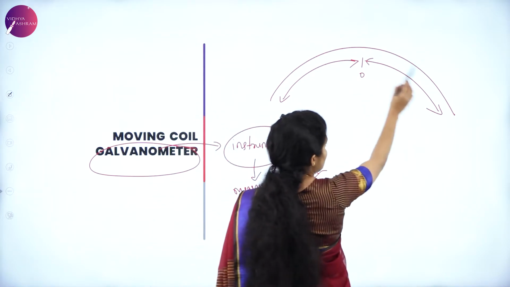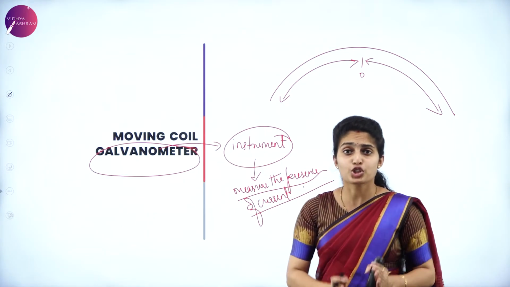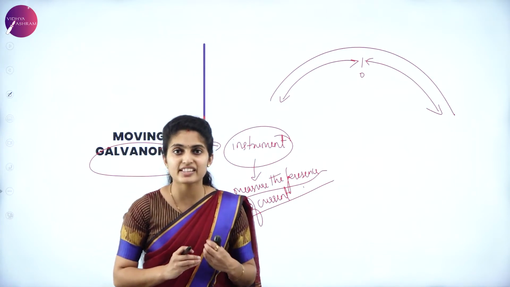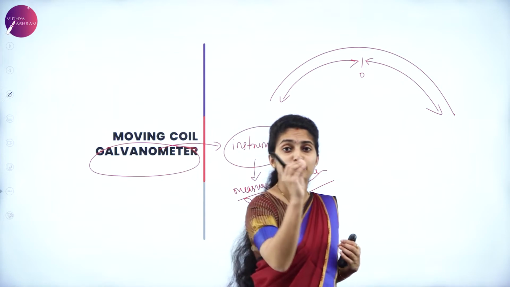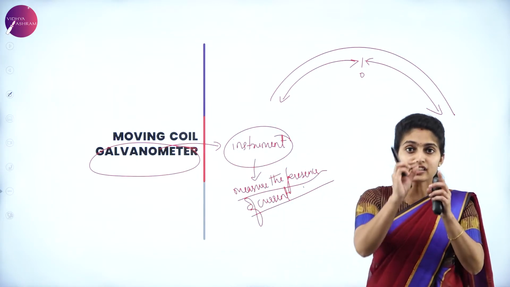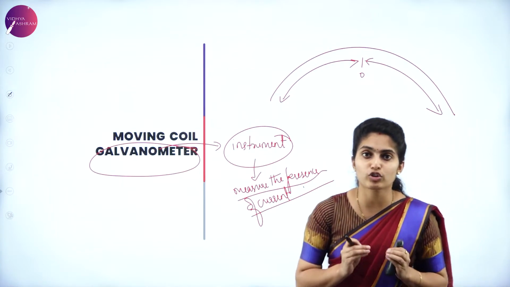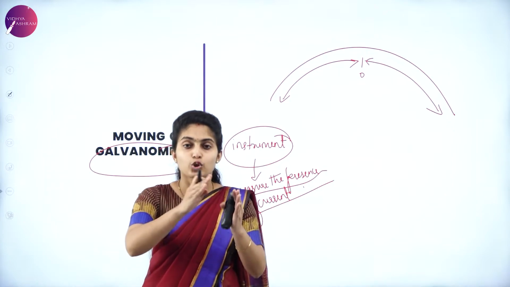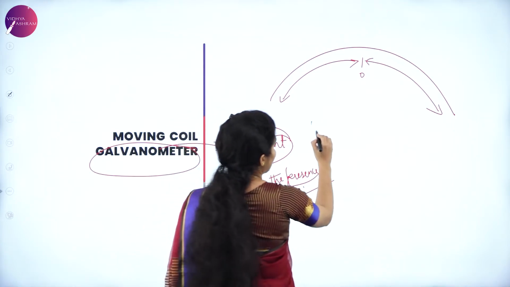If there are 30 divisions here, there are 30 divisions there. The deflection shows the presence of current, that is, how much current is present in the galvanometer, which you will do in the figure of merit of a galvanometer in your practical exams. That is, 1 degree of deflection gives a certain amount of current. It is shown by an angle to what extent it has been deflected, and that is given by theta.